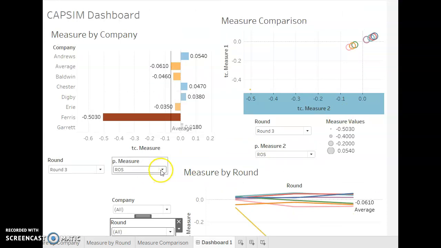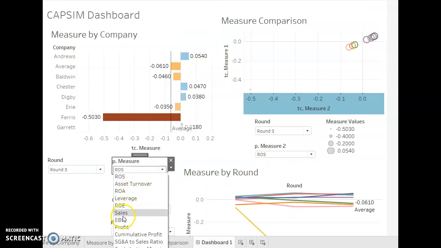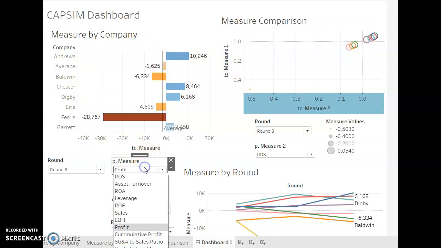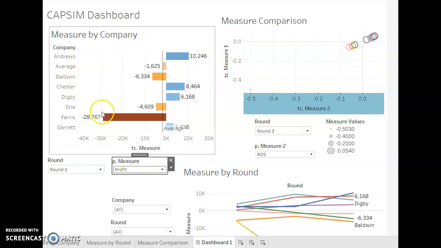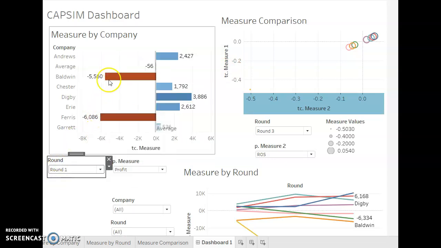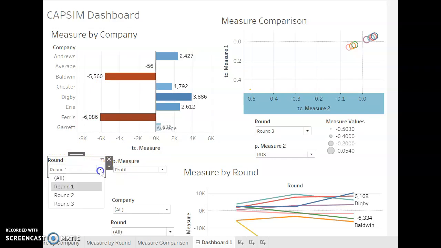If you change the measure to profit here, you can see that it's also parallel to the ROS, because Ferris at the end of round one is negative, also with Baldwin, just like in ROS.